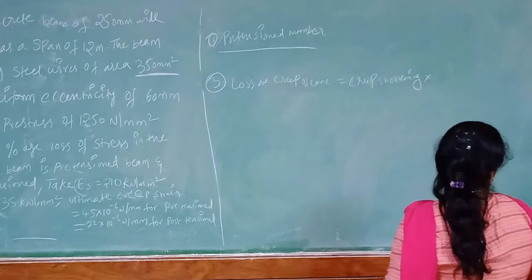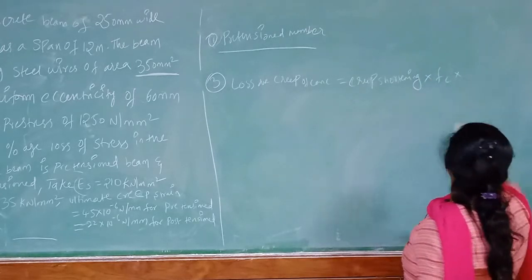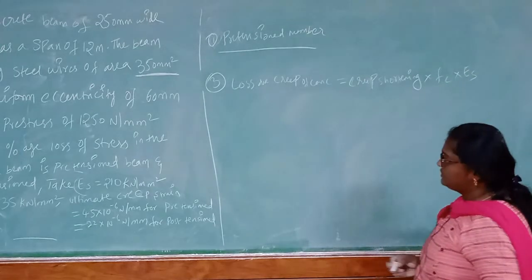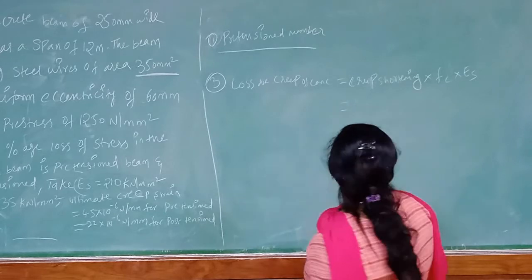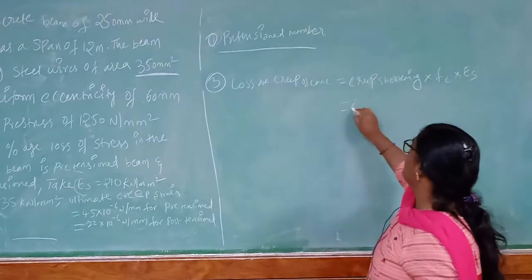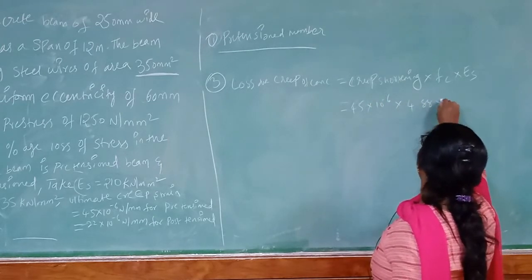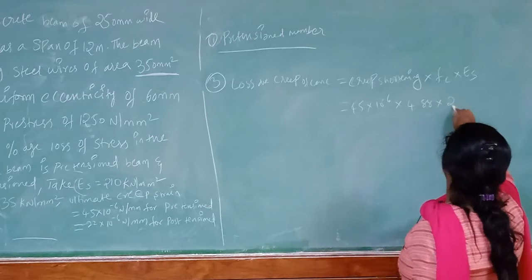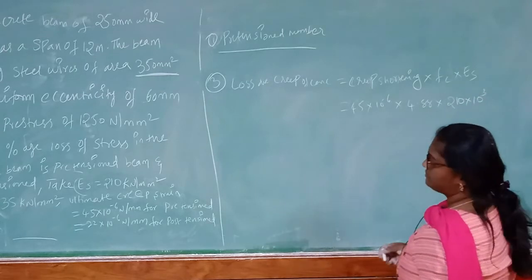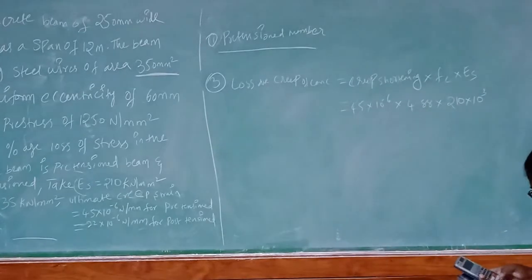Creep shortening into stress in concrete into Young's modulus of steel. What value have they given? 45 into 10 to the power minus 6 into 4.88 into the Young's modulus.